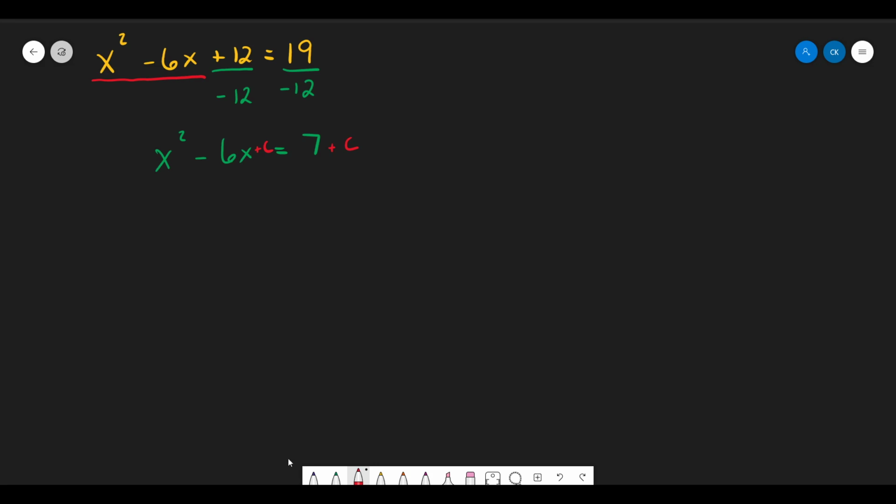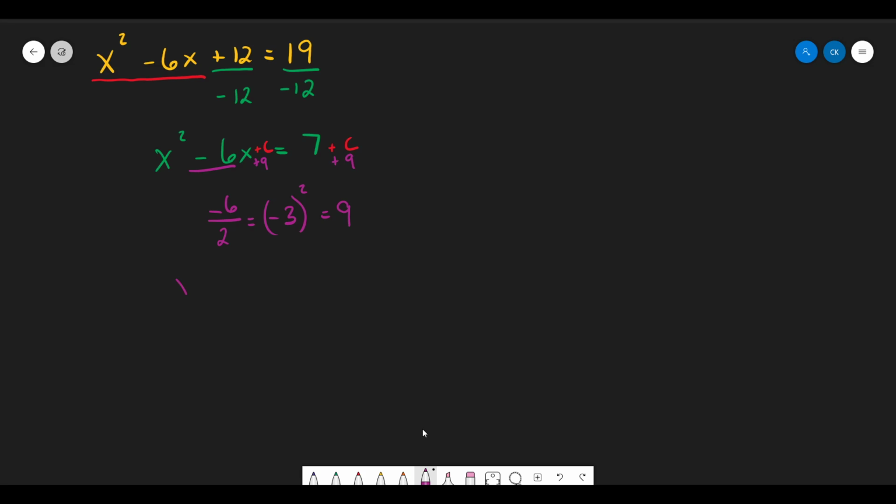I'm going to take my b, which in this case is negative 6. So I'm going to take negative 6, I'm going to divide it by 2, which gives me negative 3. And then I'm going to square that, which gives me 9. So my c in this case is 9. So what I'm going to do is I'm going to add 9 to both sides of the equation.